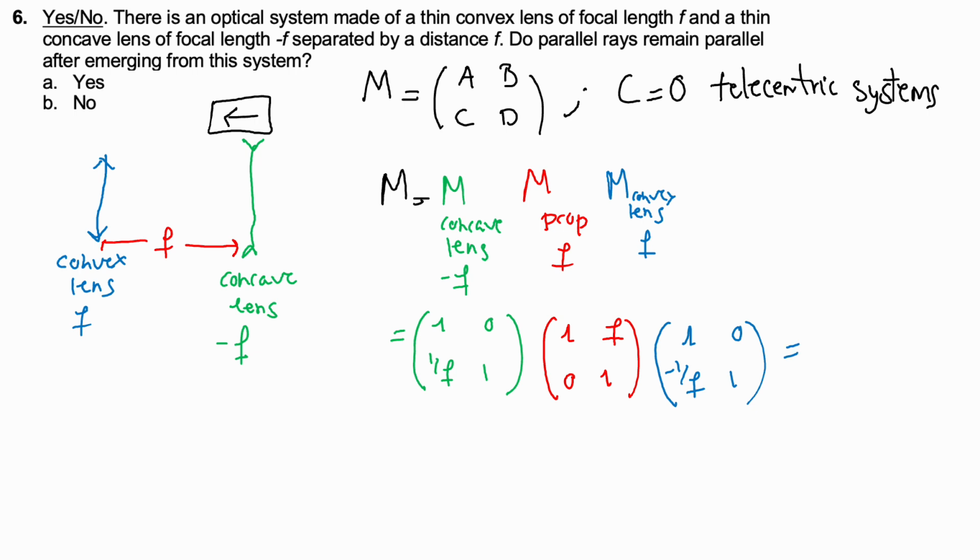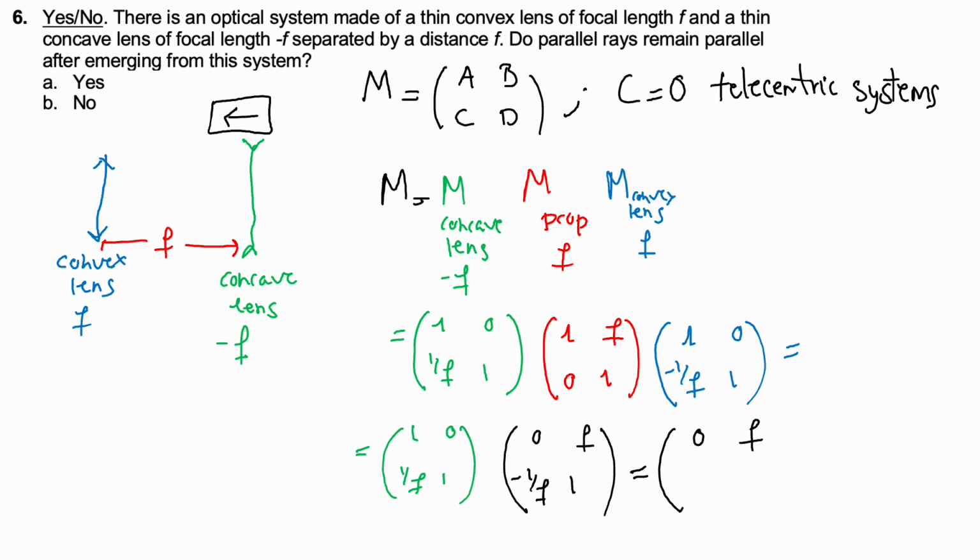So this is equal to [1, 0; 1/f, 1], and now the next product is gonna be [1, f; -1/f, 1], and the final solution is [1, f; -1/f, 2].